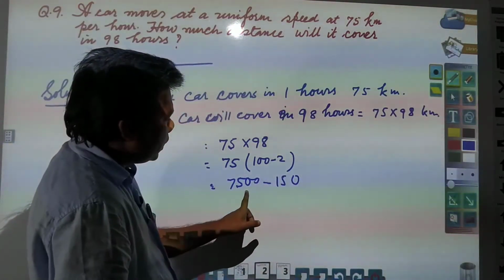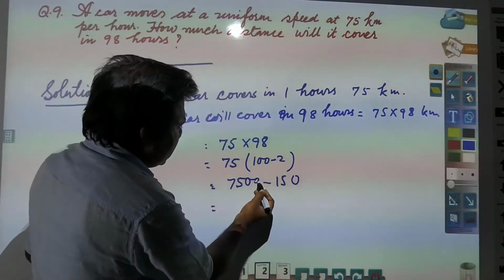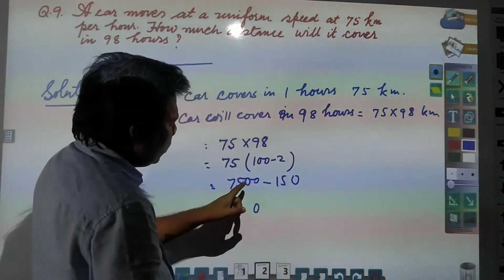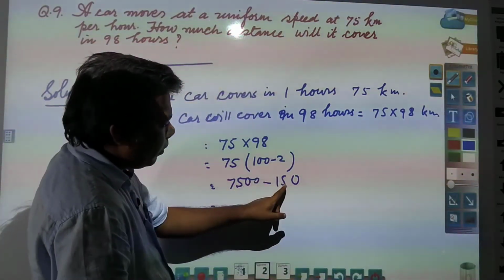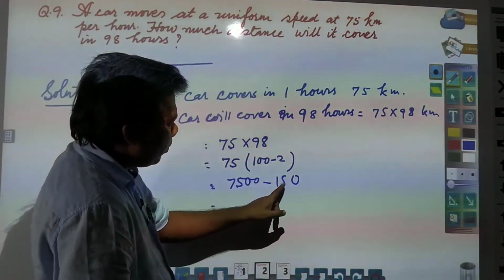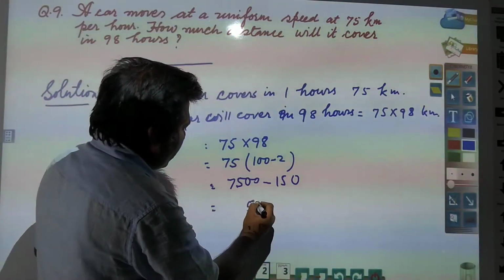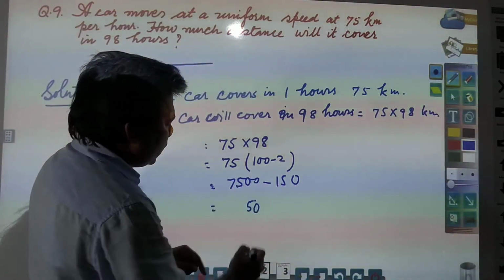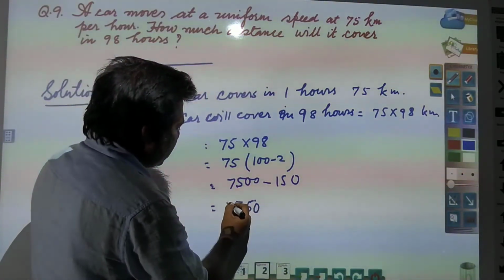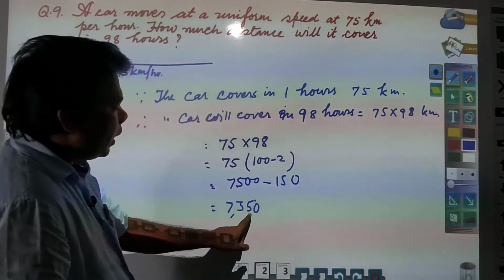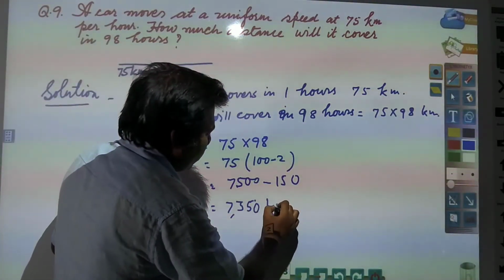Thus you need to subtract this. 0 minus 0 is 0. Here 0, here you have 5, so 10 minus 5 is 5. Here you have 4, 4 minus 1 is 3, and this is 7. So 7350 kilometers will be your answer.